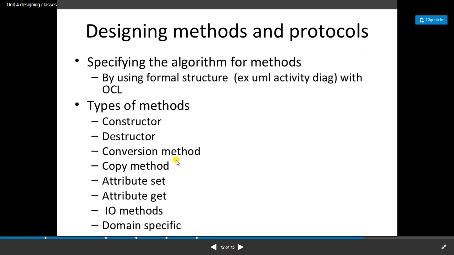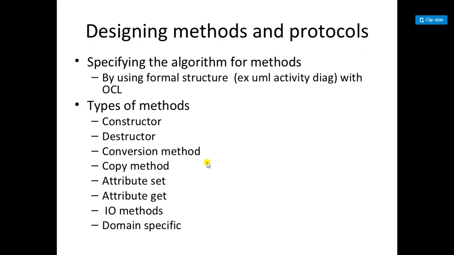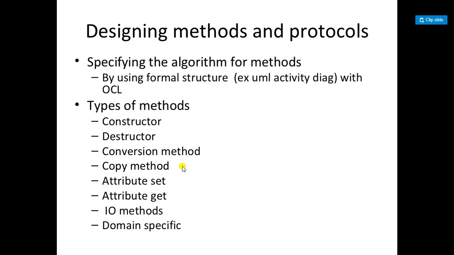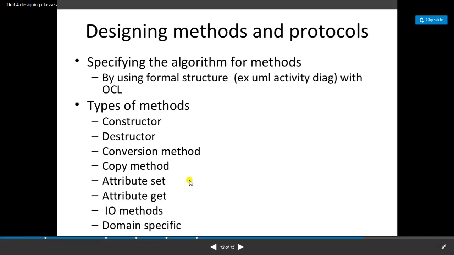Then the conversion method, which we call type conversion, is used to convert one data type into another data type with the help of a method. Then another method is the copy method, which means the same method can be used in another class. That is called a copy method.